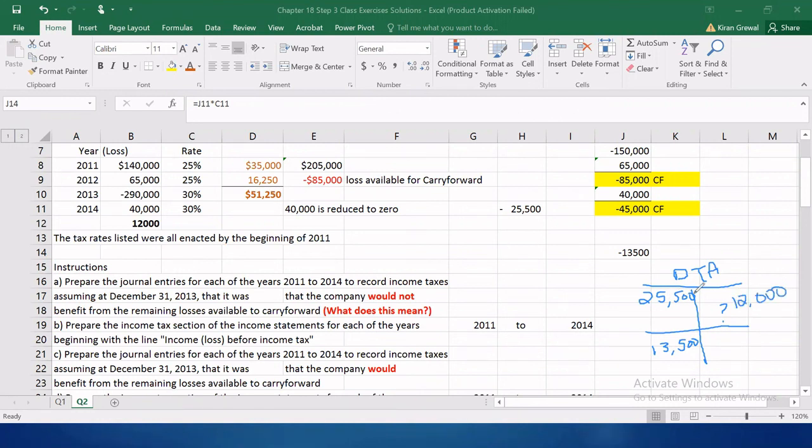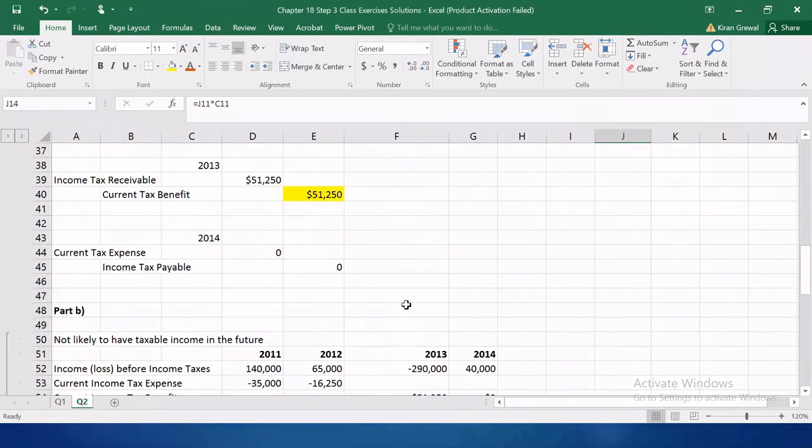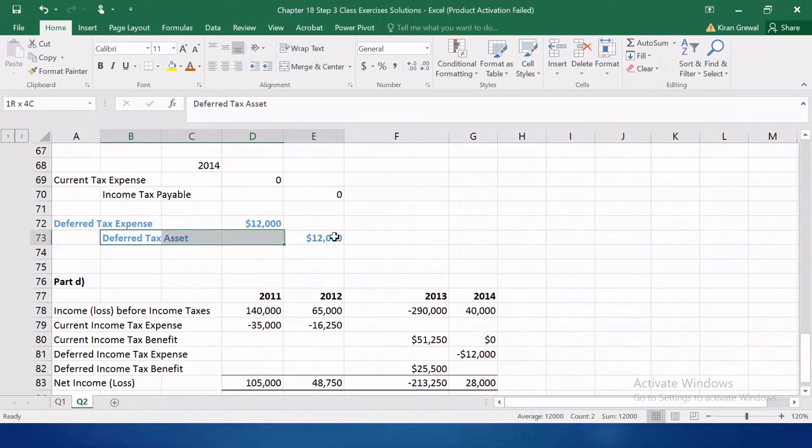If you do 25,500 minus 13,500, you get $12,000. That's how much we would have to credit. You can do it that way, or because we have the same tax rate, we can just take the 40,000 multiplied by the 30%. Either way, we'll get that 12,000. So we get rid of $12,000 of the asset. Debit deferred tax expense, 12,000. Credit deferred tax asset, 12,000.